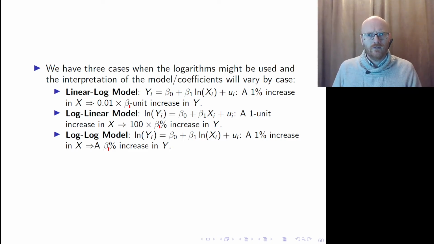And how can we use this logarithmic transform of our variables? Well, we have three cases where the logarithmic transform might be useful. For example, if you hypothesize that a percentage increase in x is related to a unit change in y, then you use the linear log model.